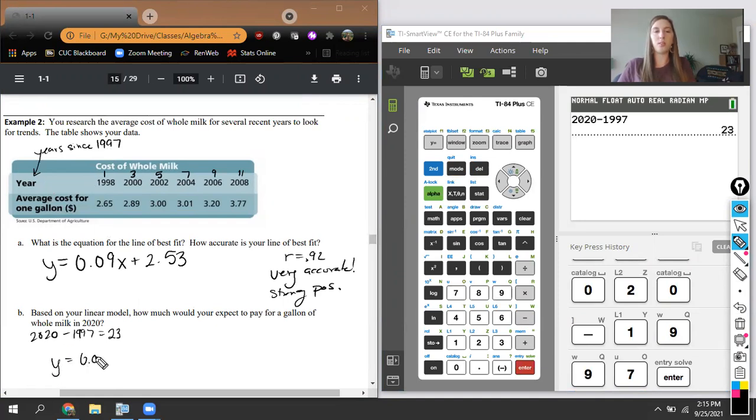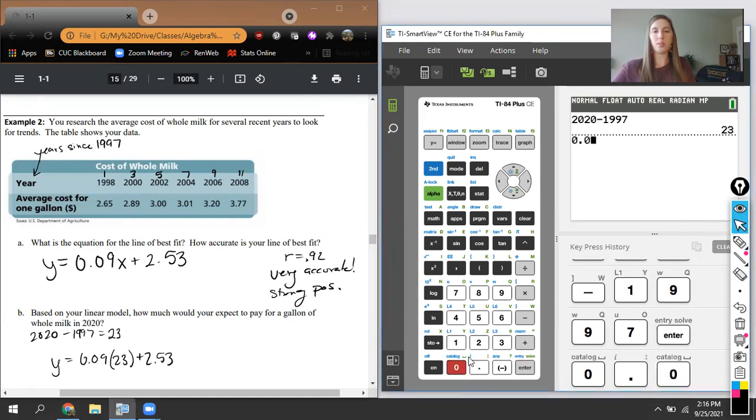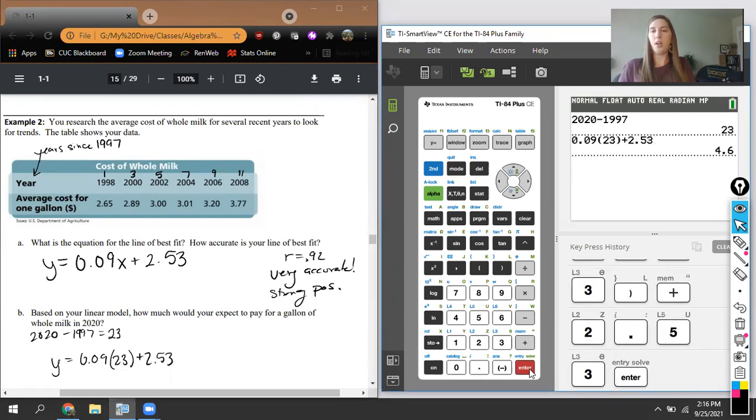So 0.09 times 23 plus 2.53. And we're going to plug that into our calculator and let that simplify. So 0.09 times 23 plus 2.53. Hit enter on that, and it says 4.6.